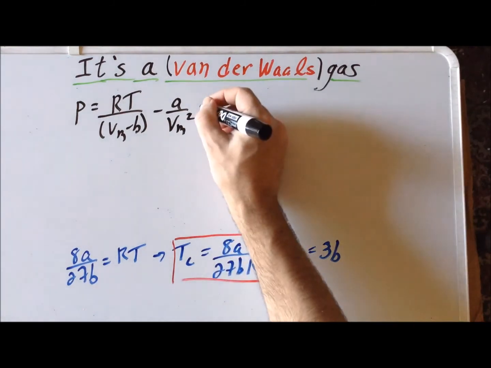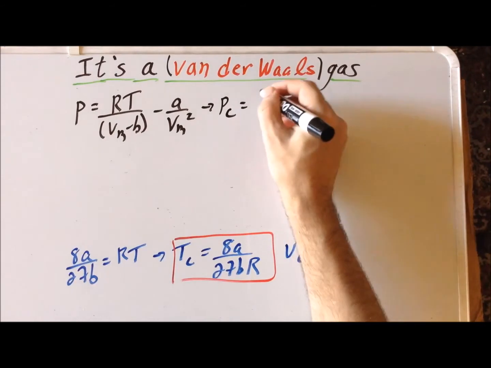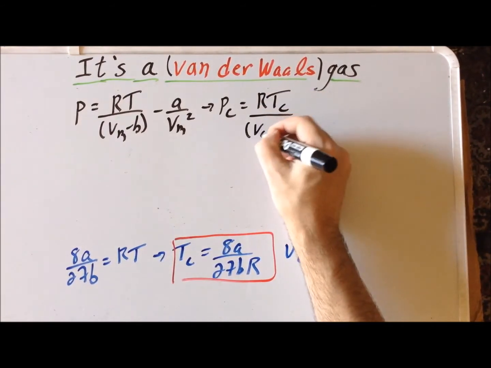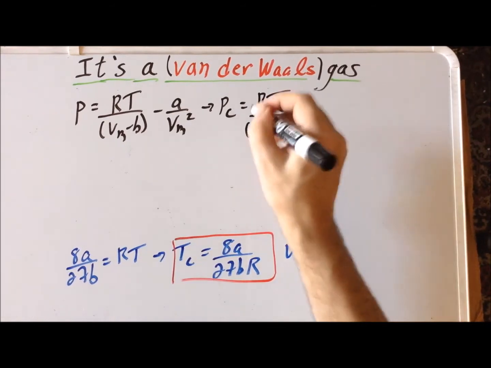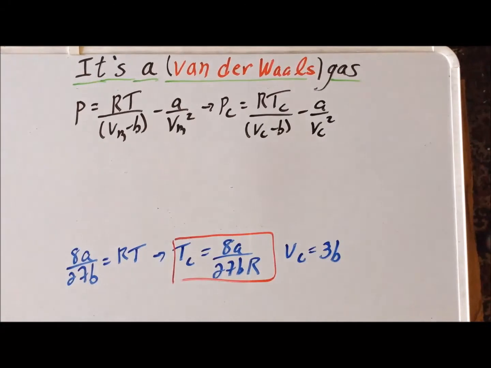More explicitly, I can write that the critical pressure is equal to R times the critical temperature divided by the critical volume minus b, minus a divided by the critical volume squared. So what we're going to do now is substitute the expression for the critical temperature and the expression for the critical volume. Let's see what that gives us.